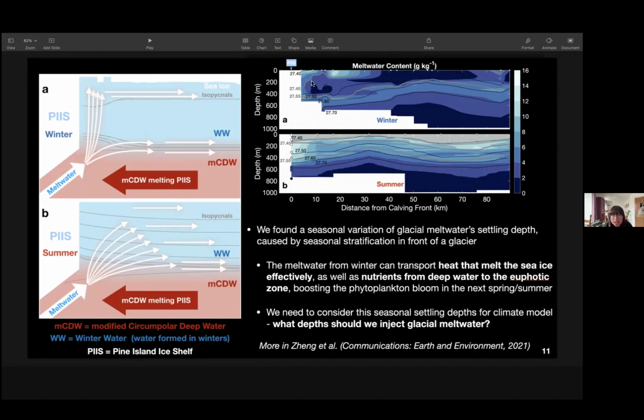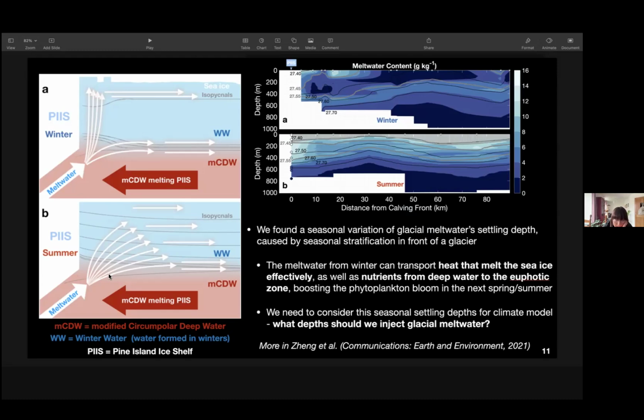And that might potentially partially explain why there's such a high phytoplankton primary production in front of Pine Ice Shelf and also all other ice shelves in spring and summer. And then another thing that we need to consider is that for the climate models, we keep thinking about what depth we should inject the glacial meltwater.